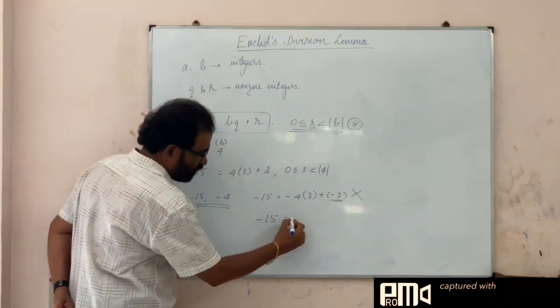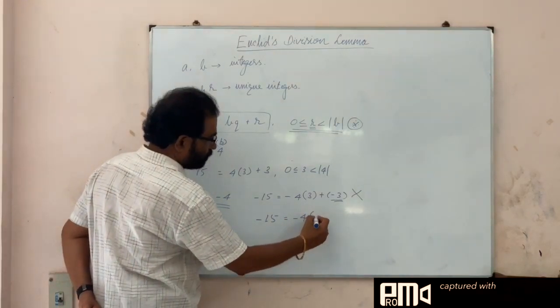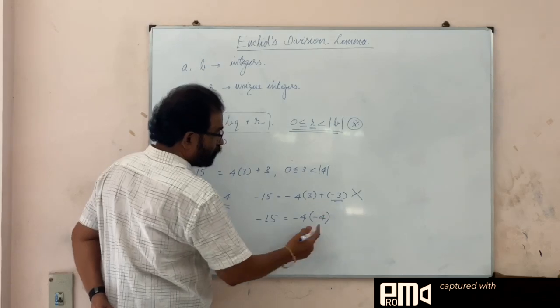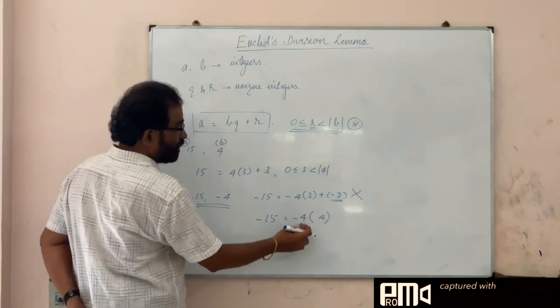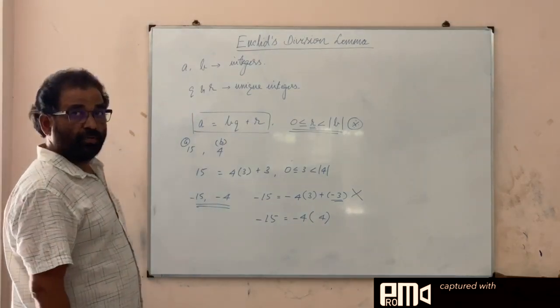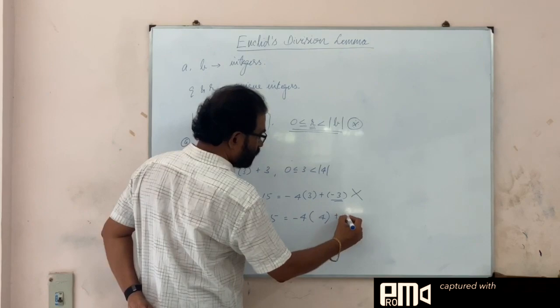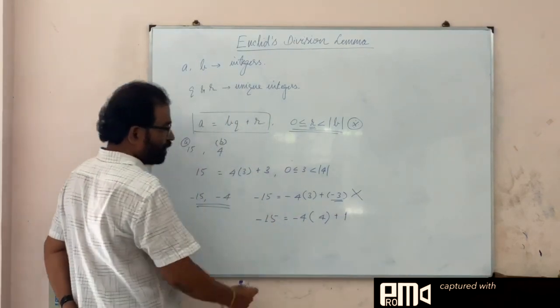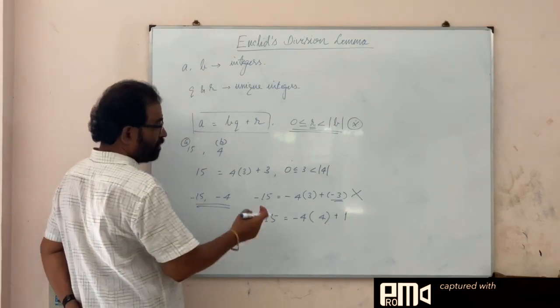Minus 15 I can write as minus 4 into 4. Minus 4 into 4 is minus 16, so to get minus 15, I need to add plus 1. Minus 16 plus 1 is minus 15.